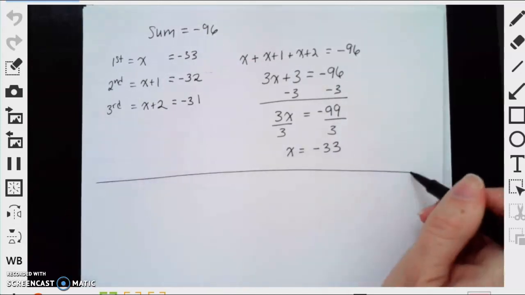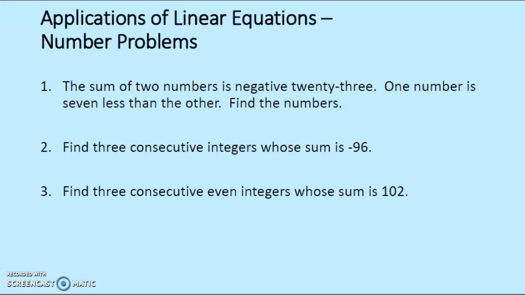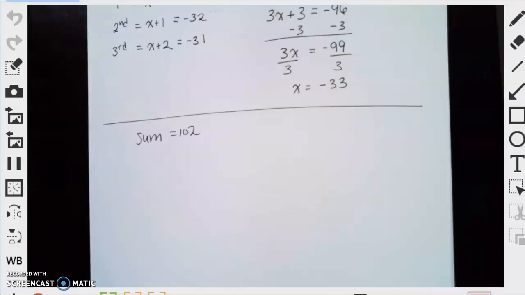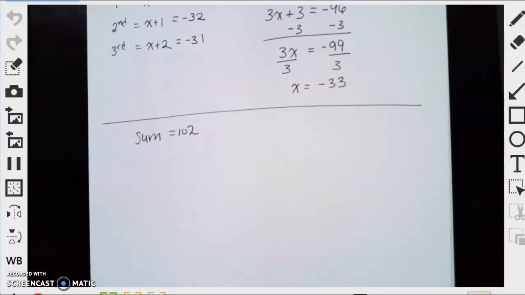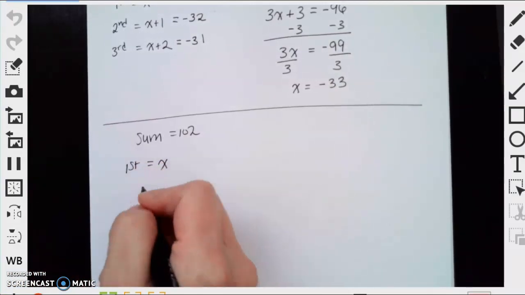All right, let's take a look at the next example. Here we're looking for 3 consecutive even integers whose sum is 102. So here I want my sum to be 102, and I'm looking for 3 consecutive even integers. My first is x.